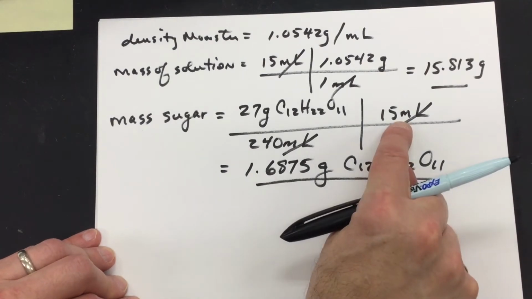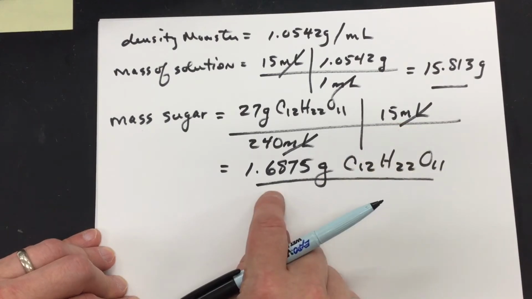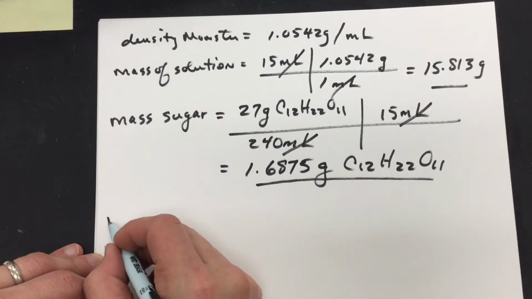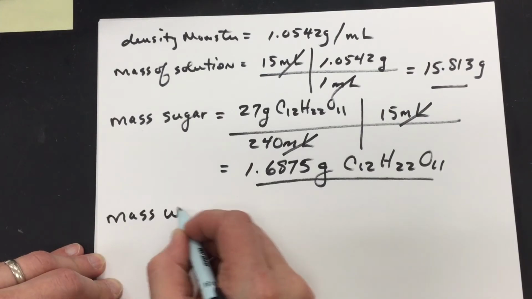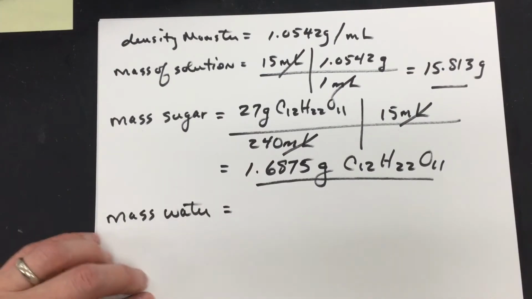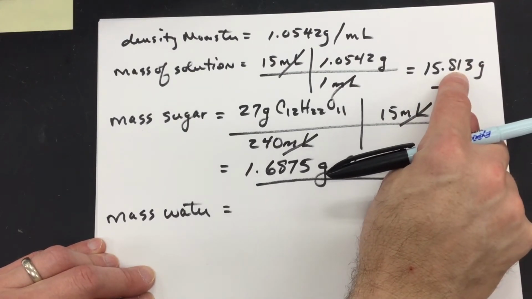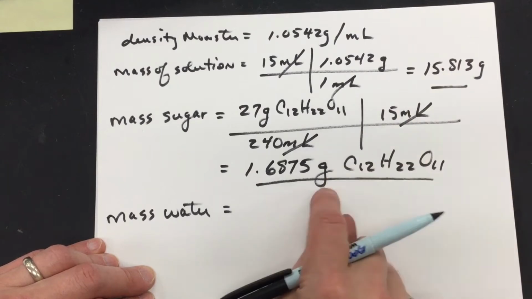But again, you're going to choose your volume, put it here, and then you're going to compute the mass of sugar. We also need to know the mass of water in this experiment. And I can find that by taking the difference between these two. See, that's the mass of the solution, which is the sugar plus the water, and this is just the sugar.